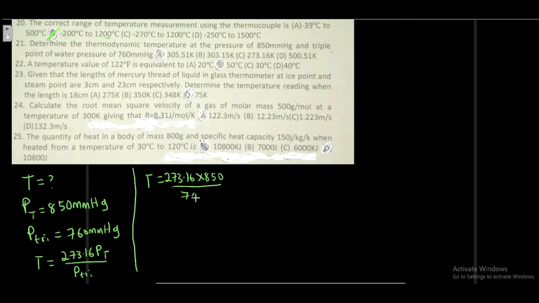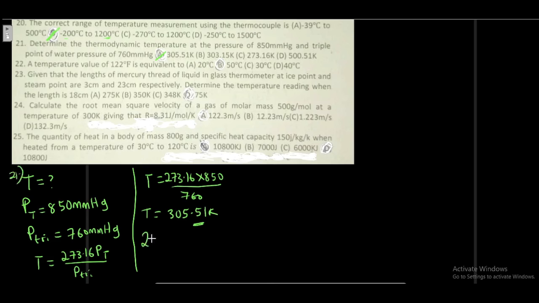So we have 273.16 times 850 all over 760, and that will give us 305.51 Kelvin, which is option A. This was question 21.